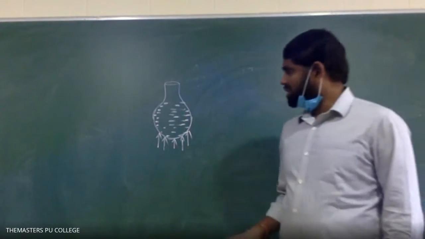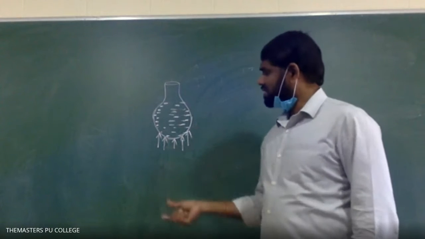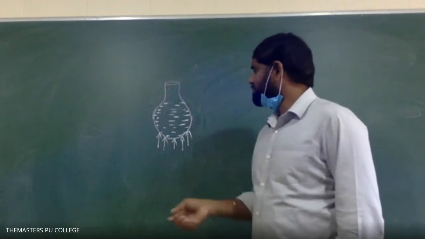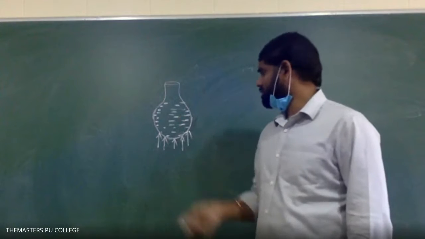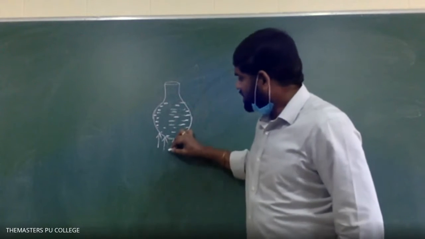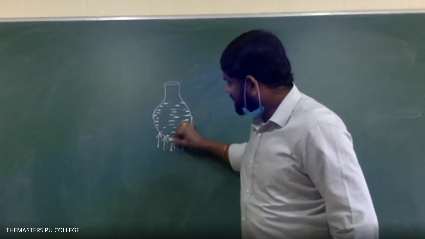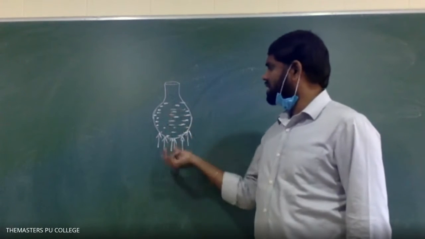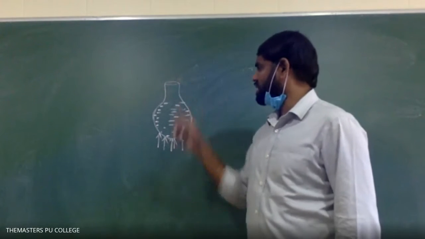Let us see an example of convection. We have taken a flask containing some water, and the system is put on a flame. What will happen generally? The flame is giving heat energy to this flask containing water.